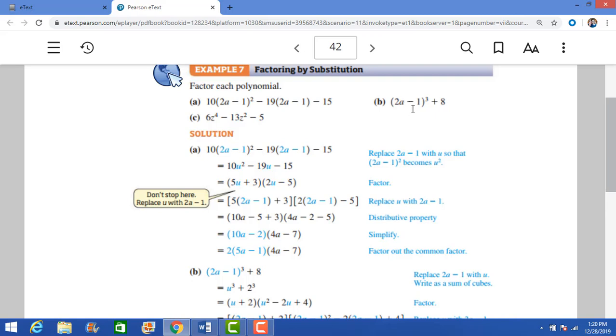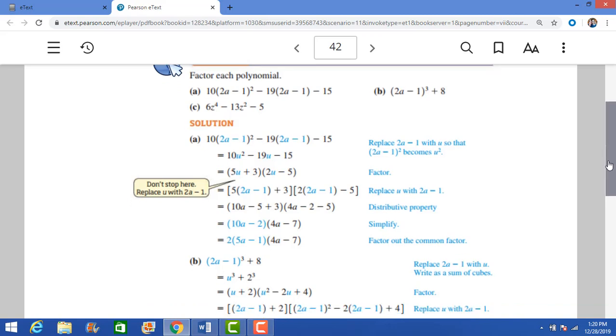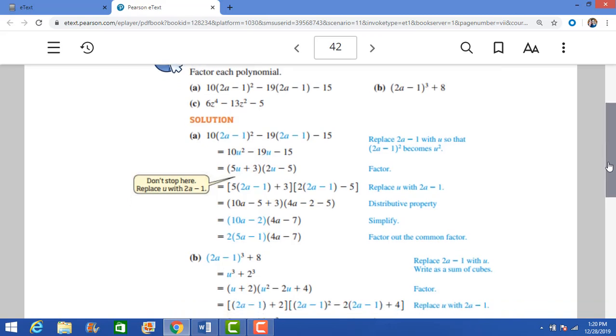So let's let 2a minus 1 be u. So now it looks definitely like a sum of two cubes. Now we can use the form that we know to write it as u plus 2 times the quantity u squared minus 2u plus 4. Now that we've got it factored, we can back substitute and put in 2a minus 1 again.